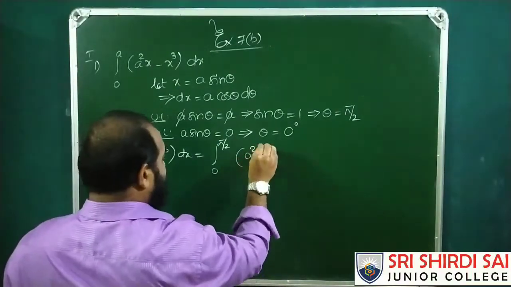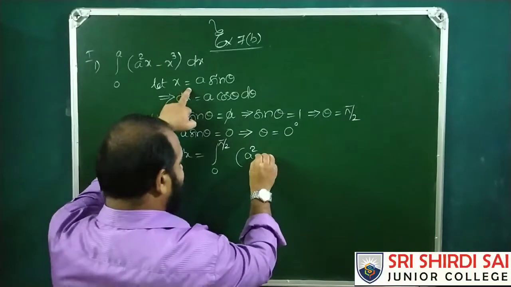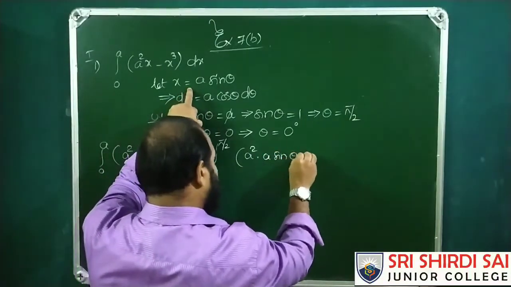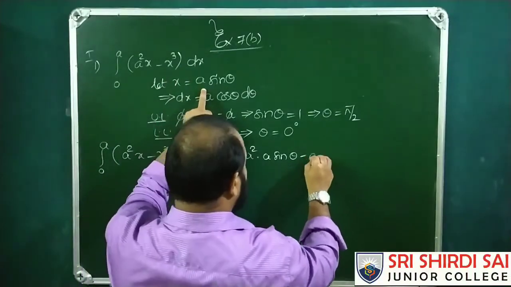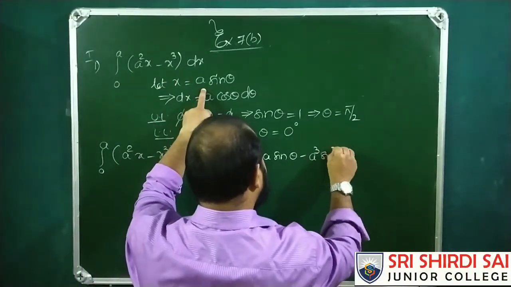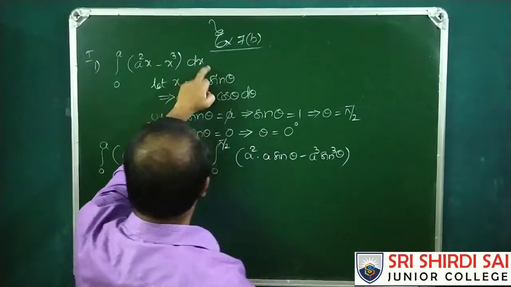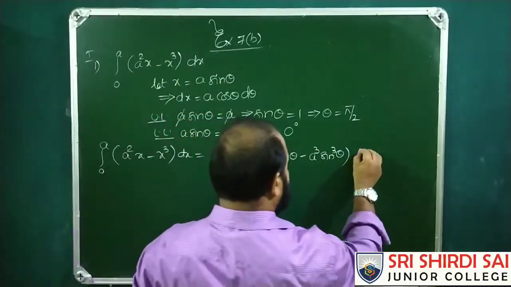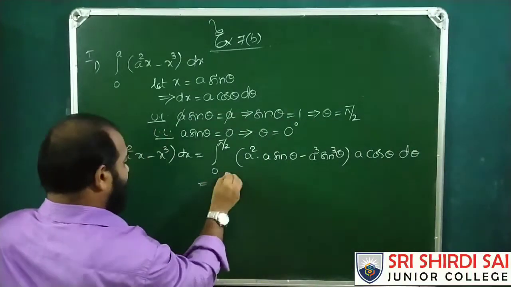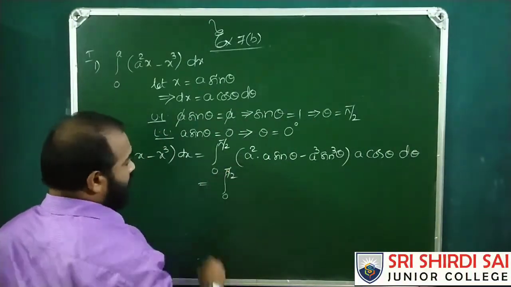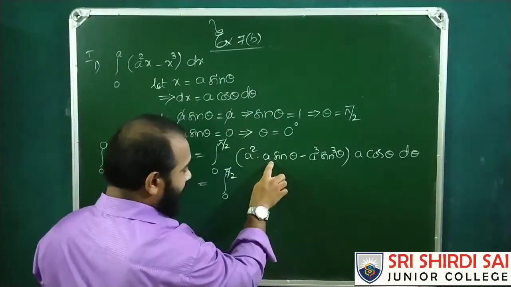Now integral 0 to a of a square x minus x cube dx is equal to integral 0 to pi by 2 of a square times x, which is a sin theta, minus x cube, which is a cube sin cube theta, and the dx value is a cos theta d theta. This is equal to integral 0 to pi by 2 a square into a cube.